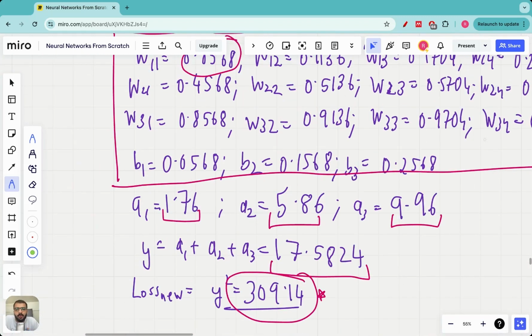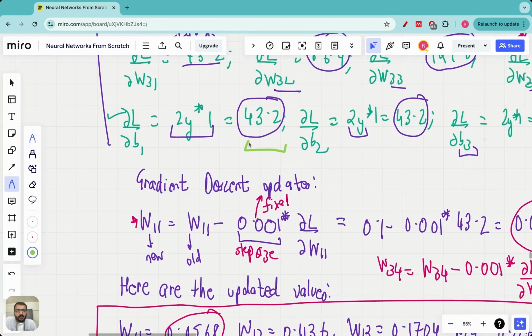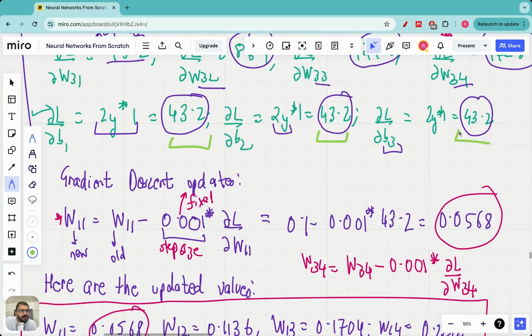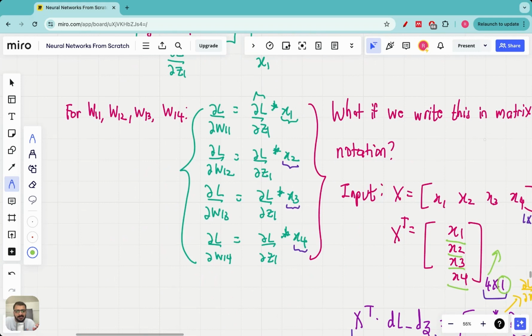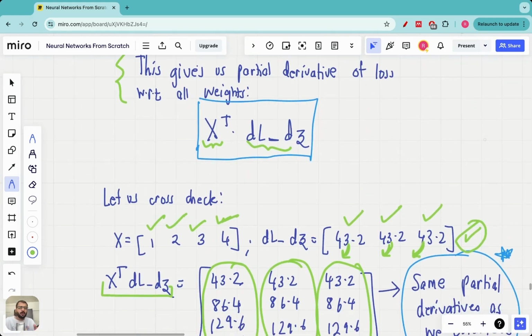Before, the partial derivative of loss with respect to bias 1 was 43.2. With respect to bias 2, it's 43.2. And with respect to bias 3, it's also 43.2. So we obtain the exact same values. That's amazing, which means the formulas which we had obtained for the matrices are actually working, and they have made our life significantly easier.